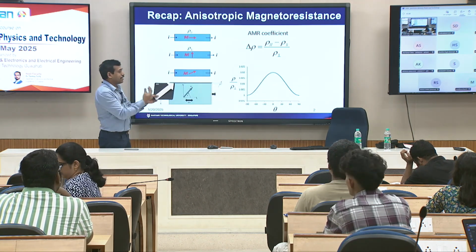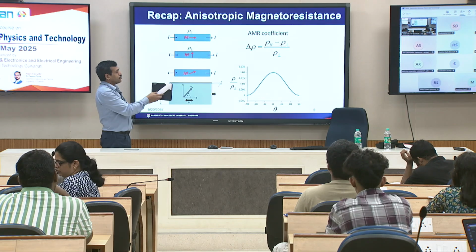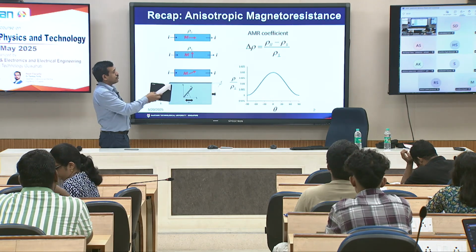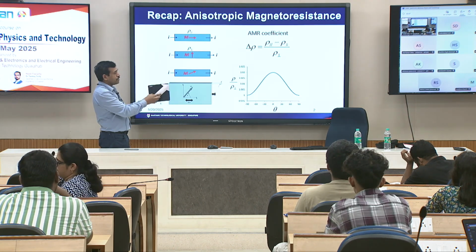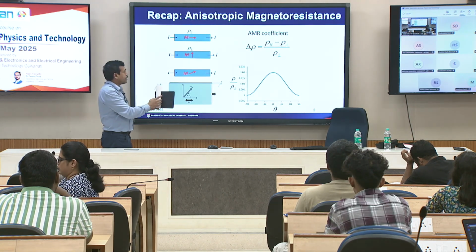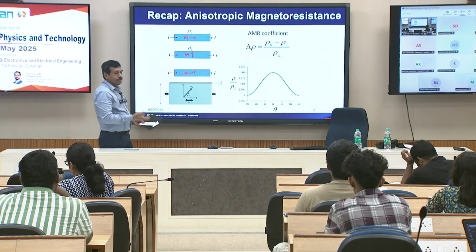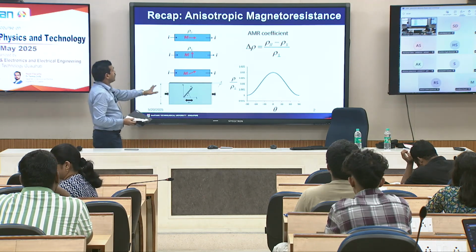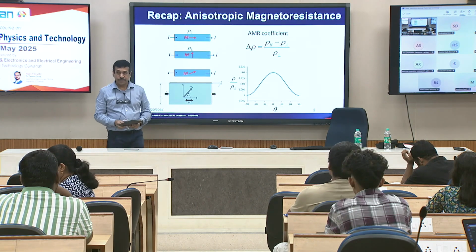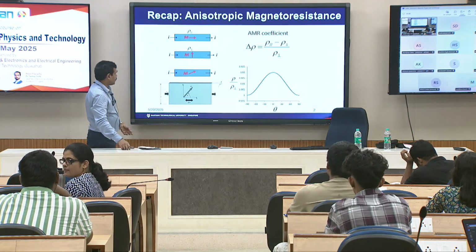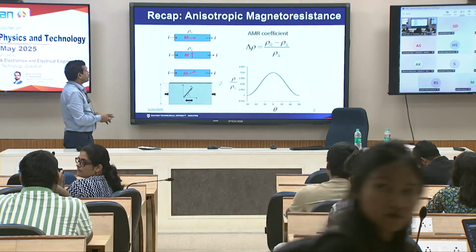So, the magnetic field from the recording media makes the magnetization go this way or this way. So, magnetization keeps fluctuating between this angle. So, you get high and low resistance depending on the magnetic field sensed by this anisotropic magnetoresistance sensor. Okay. So, this first concept we learnt.